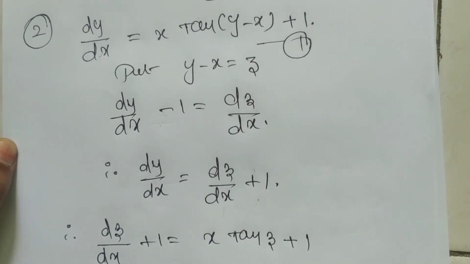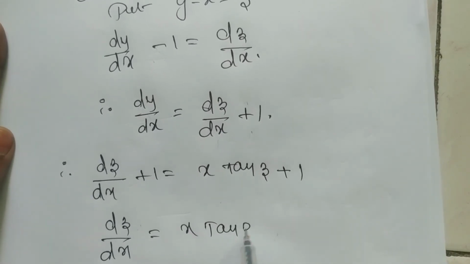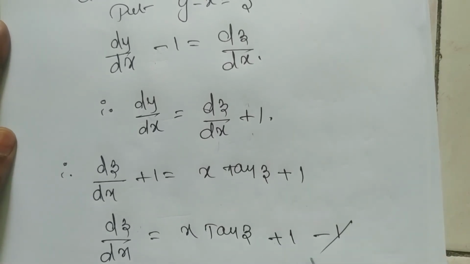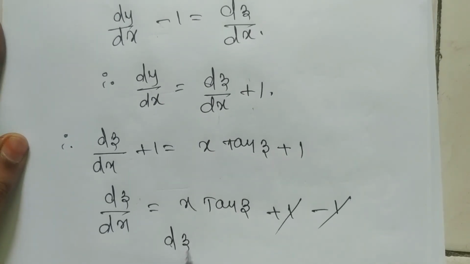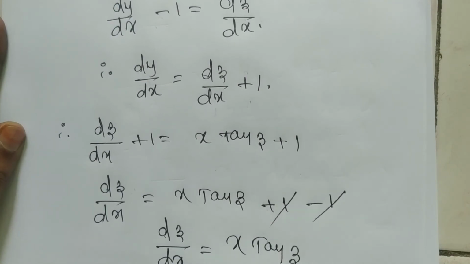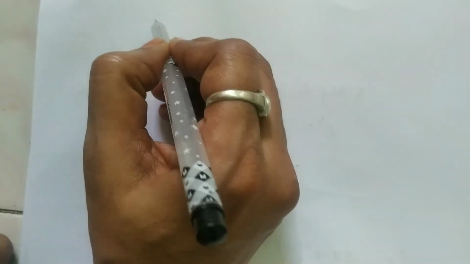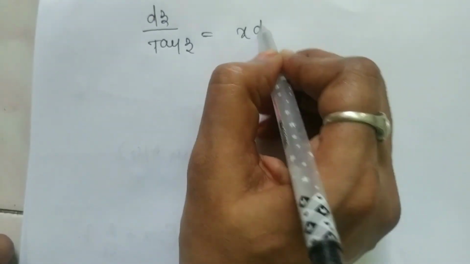So therefore dz by dx equal to x tan z plus 1 minus 1. So both will be cancelled. So dz by dx equal to x tan z. Separating the variables, we get dz by tan z equal to x dx.